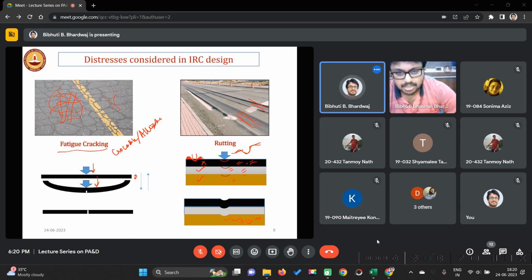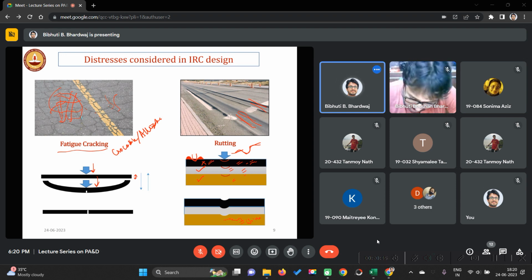So if you see distresses like this, where the bituminous mix is shearing off and forming some humps around its rough surface, then you can tell that the problem is only with the first layer.